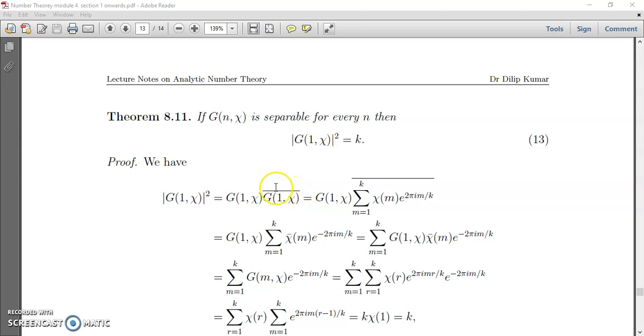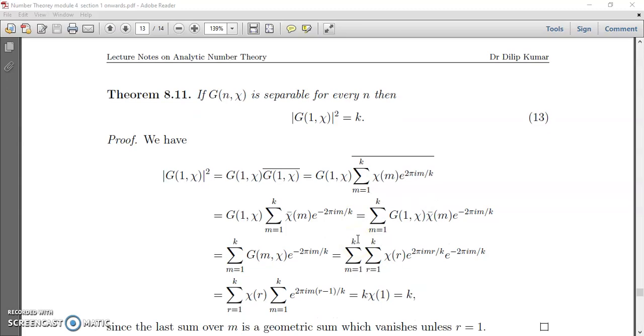By the definition, g of 1, chi is the sum over m from 1 to k of chi of m times e raised to 2 pi i m by k. The conjugate of this is the sum over m from 1 to k of chi bar of m times e raised to minus 2 pi i m by k.